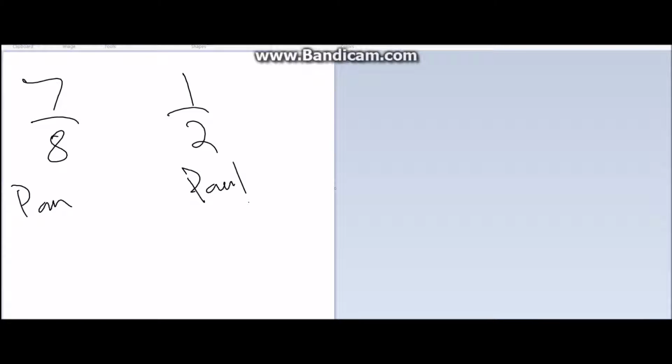If we remember our ordering numbers, we know that 7/8 is in fact greater than 1/2, which is good. I'm just going to get rid of these and redraw our 8. We have a subtraction question, because Pam has walked this far and Paul has walked this far. We need to figure out how much further Pam walked, and that's a simple subtraction.